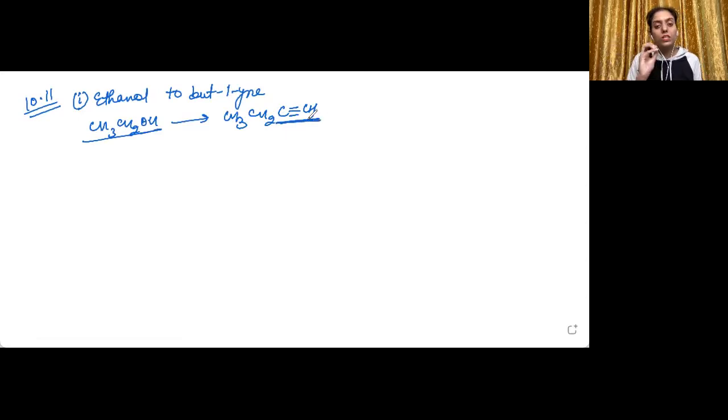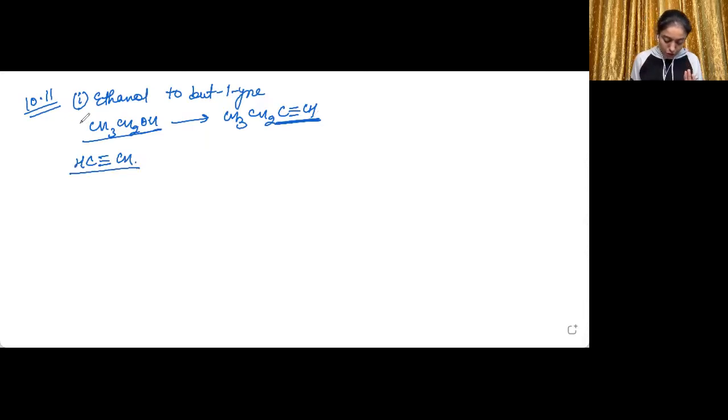Whenever you need to introduce a triple bond at the end of the carbon chain and you need to increase the number of carbons by 2, you will always use acetylene, that is ethyne. Simple. You need to use ethyne when you need to introduce a terminal carbon-carbon triple bond and increase the number of carbon atoms in the chain by 2. Okay, so we need this.